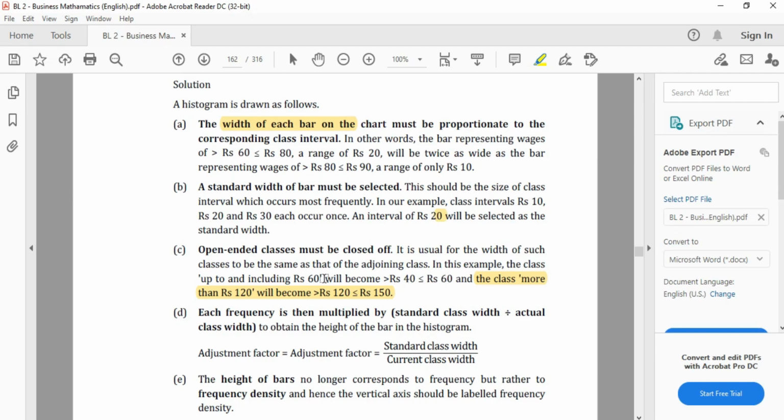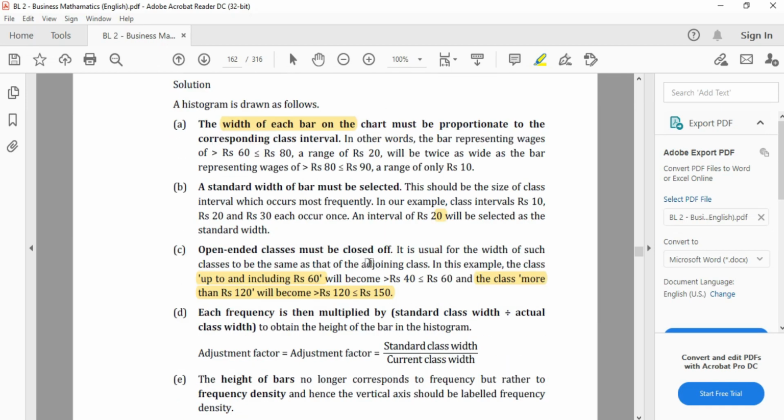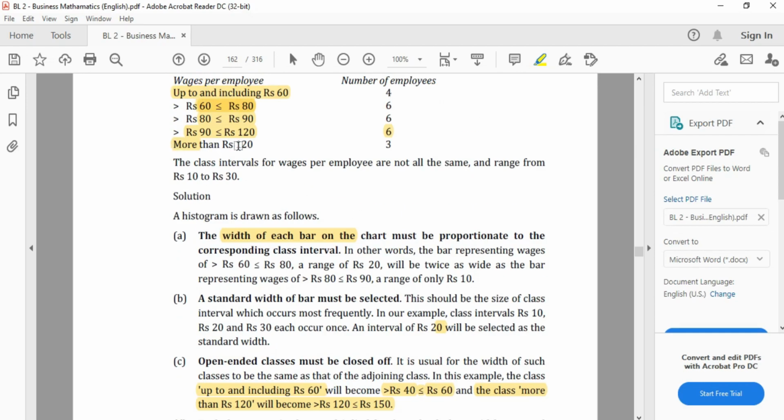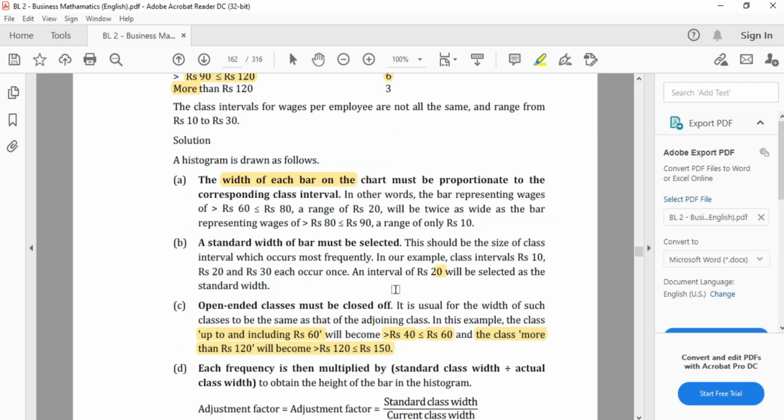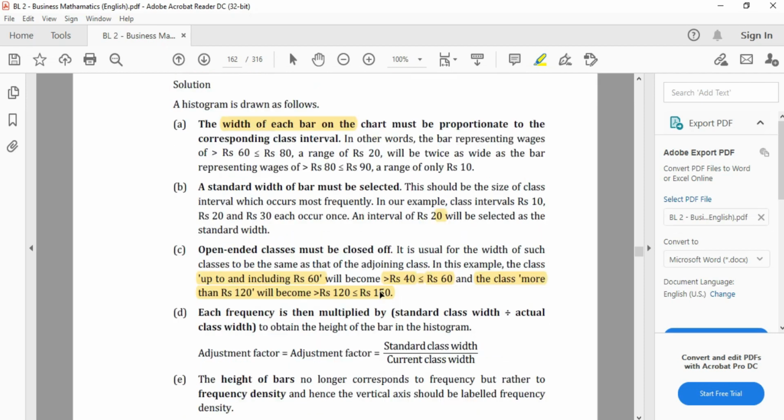So this is up to and including 60. This one will change to greater than 40 and less than or equal to 60 with a gap of 20. And here the last one, more than 120 rupees, will change to greater than 120 and less than or equal to 150. But it shouldn't be 150, it must be 140. Then only the gap will be 20 rupees. So I think this is a mistake.